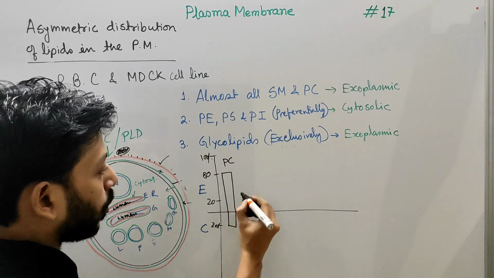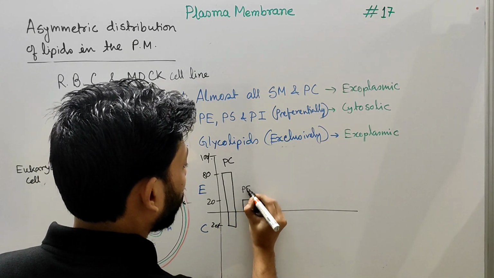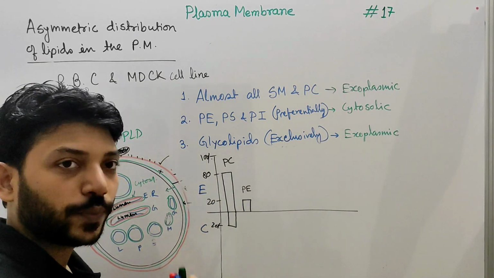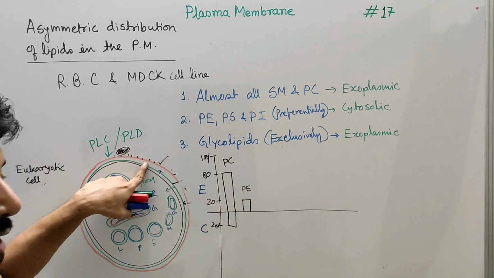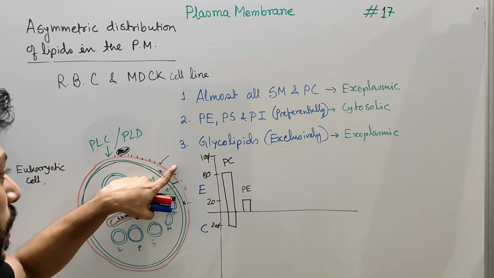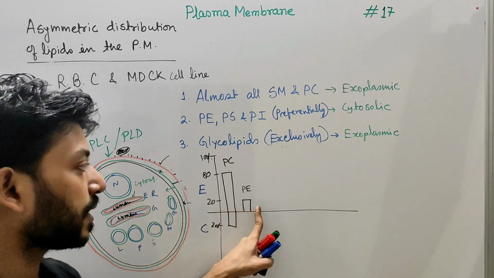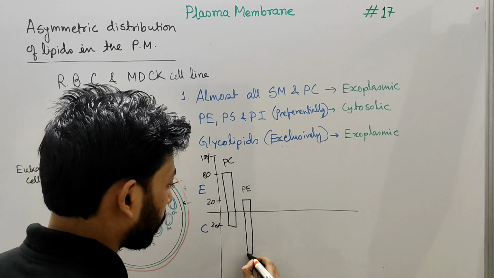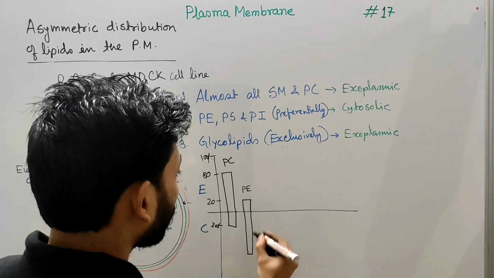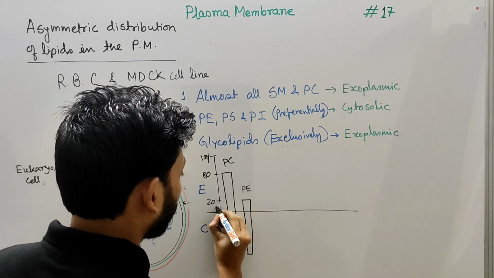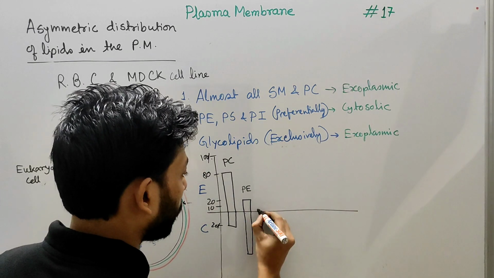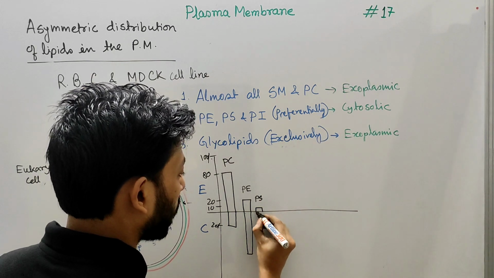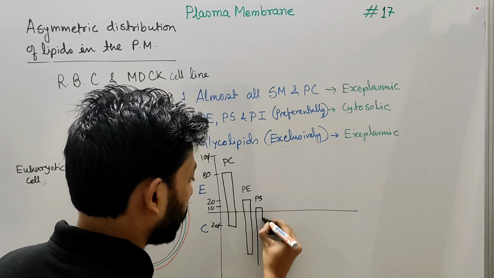But in case of phosphatidylethanolamine, they find that only 20% is hydrolyzed. That means it is present in the exoplasmic leaflet, because this enzyme cannot enter inside the cell. So it will only cleave or hydrolyze the outer layer, and this is the result of the outer layer. So that means there is 80% inside. And they also found that less than 10% of the lipid is phosphatidylserine in the outside. So more than 90% is present inside.